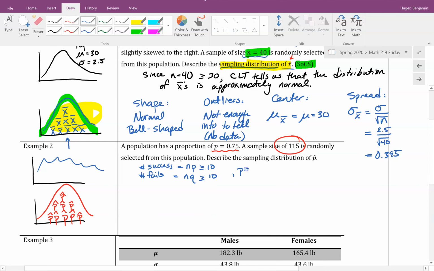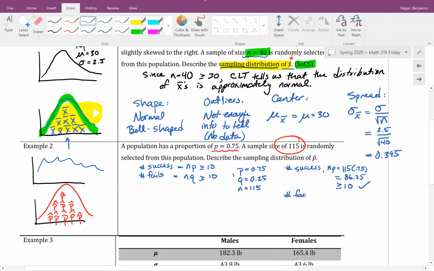Well, here we know that P is 0.75, so Q, being the complement, would be 0.25. We know that N is 115. The number of successes, that's NP, 115 times 0.75, which is 86.25. That's greater than 10, so we're good there.